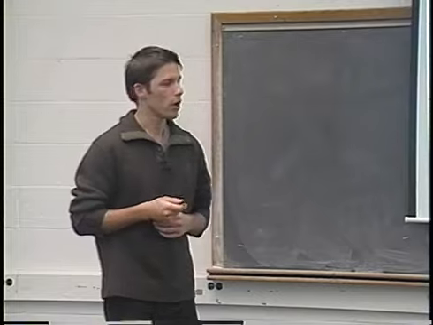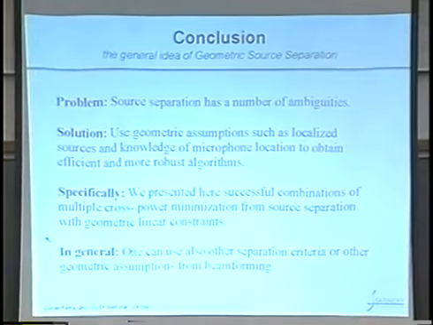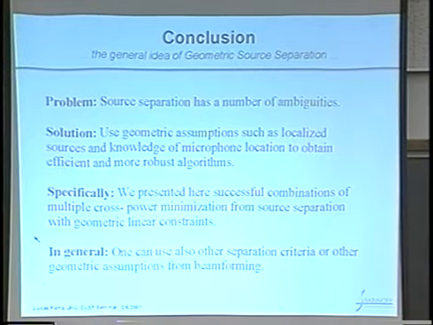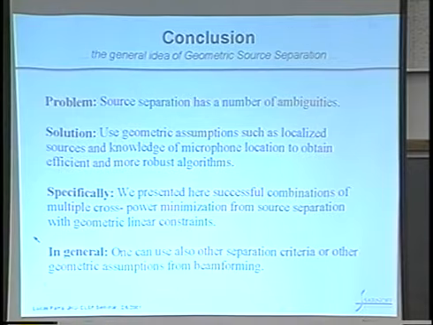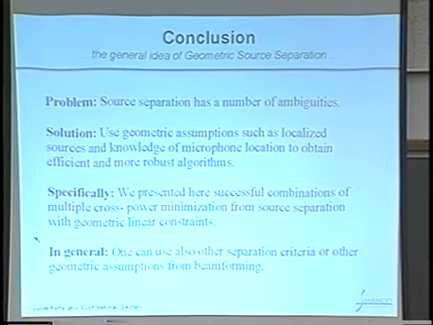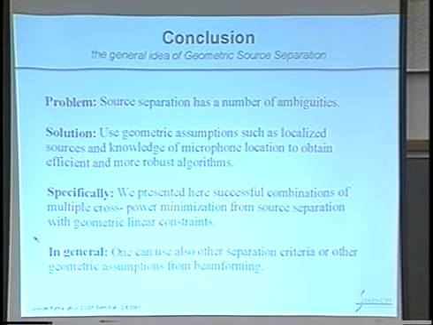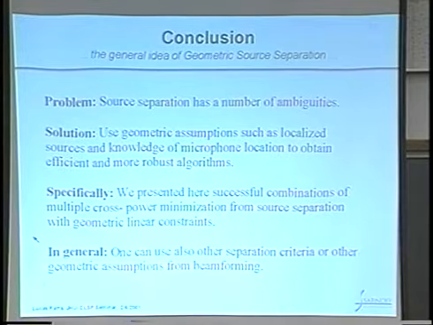So in summary, I said that source separation has a number of ambiguities that lead to practical problems and lack of robustness of the algorithm. It works sometimes and sometimes it doesn't. And I would really encourage you, if you start reading papers on this stuff, start in the back and look at what experiments they do.